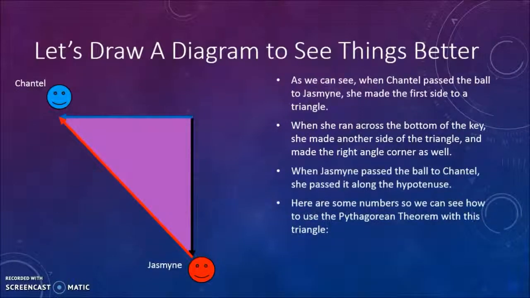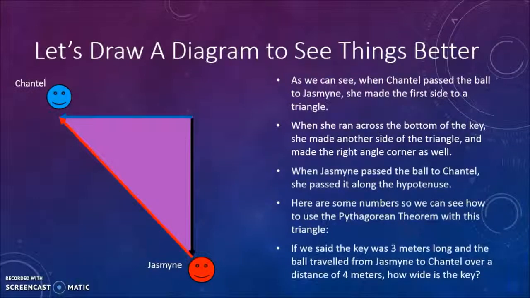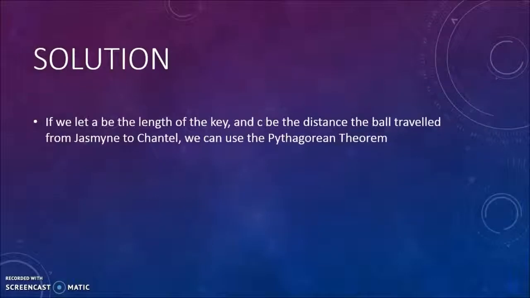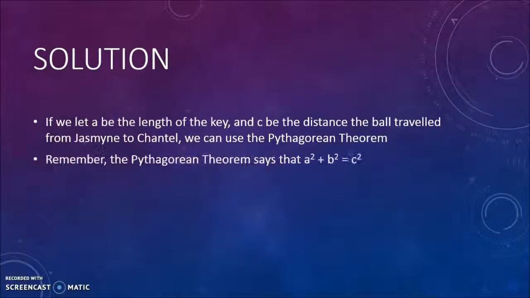Here are some numbers so we can see how to use the Pythagorean theorem with this triangle. If we said the key was 3 meters long and the ball traveled from Jasmine to Chantal over a distance of 4 meters, how wide is the key? Solution. If we let A be the length of the key and C be the distance the ball traveled from Jasmine to Chantal, we can use the Pythagorean theorem.